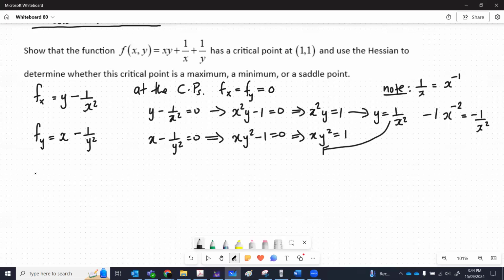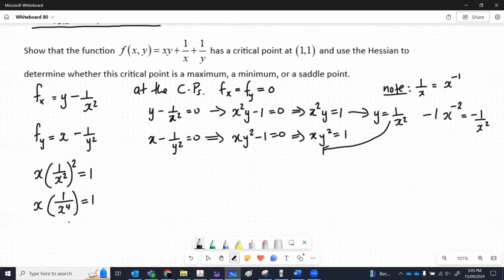So doing that, we have x multiplied by y squared, but y is 1 over x squared, and this must be squared because this is y squared. This is equal to 1. So this is x times 1 over x squared is 1 squared, which is 1. And then x squared squared, by laws of exponents, means x to the power of 4.